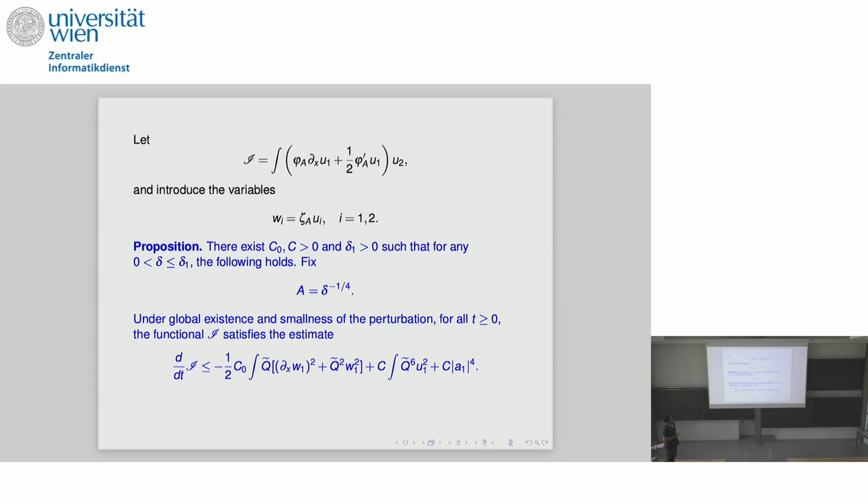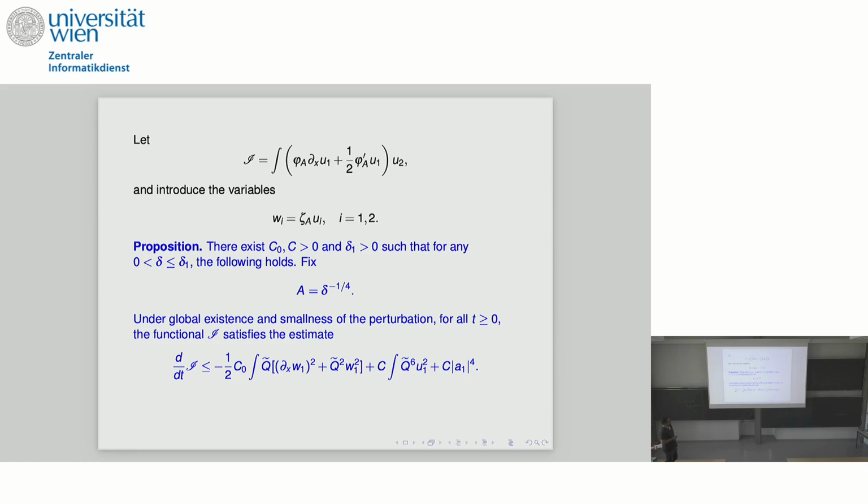So here is our first result. This is called the first virial that you want to get for your problem. You use the weight phi bar A, and then you define variables W1 and W2 given by this multiplication. And remember that delta is the size of the perturbation.